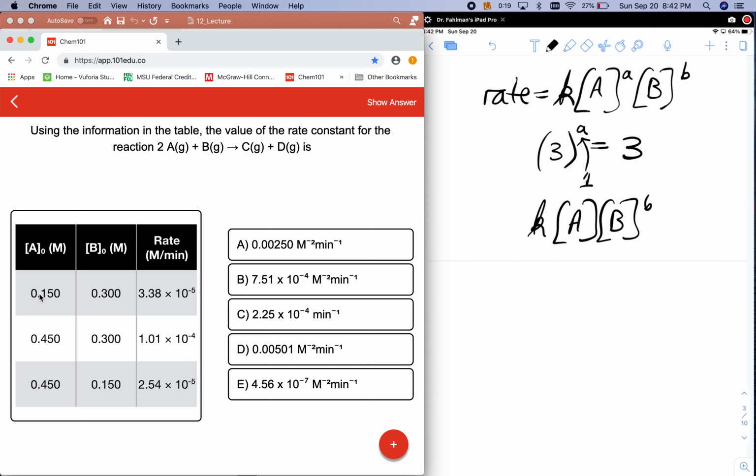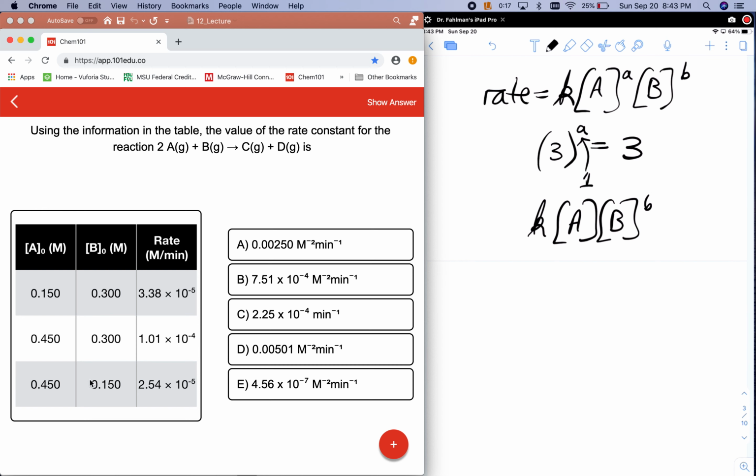And then for B, let's look at maybe 2 and 3. Now A is held constant, and here it's kind of decreasing. You can either go this way, but I always go so that it's increasing, so I'll compare experiments 3 with 2. From here to here, it's going up by a factor of 2. Now let's divide this one by that one: 1.01 times 10 to the negative 4 divided by 2.54 times 10 to the negative 5, and that's a factor of 4.